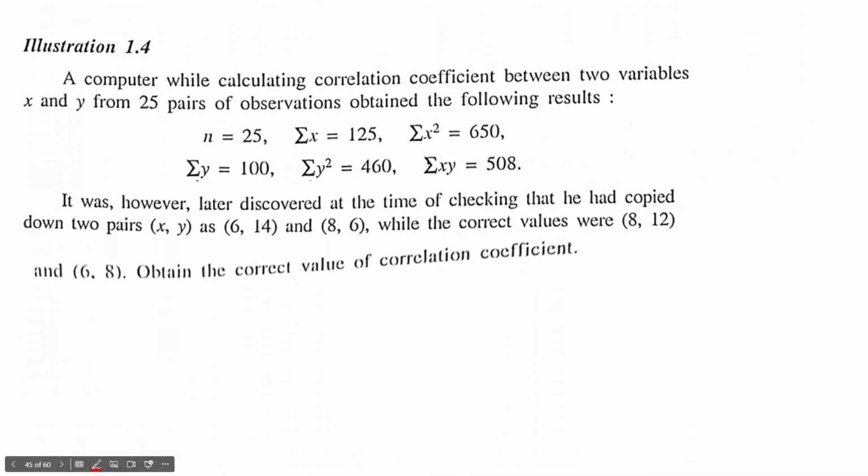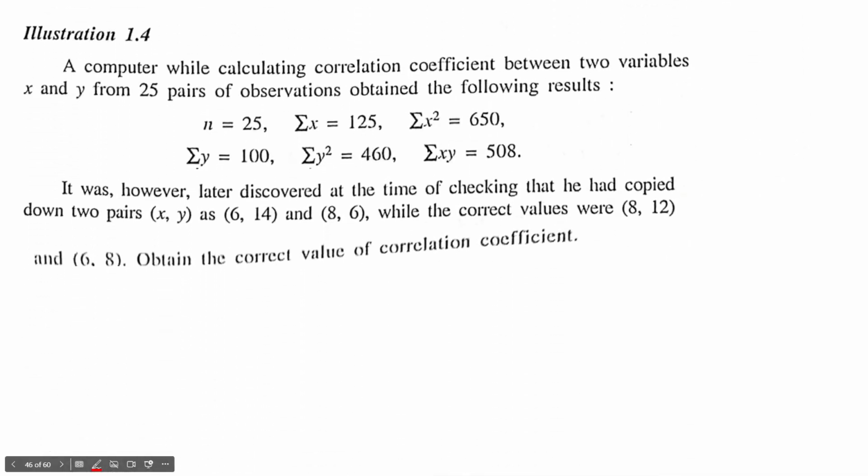Okay, so now I will discuss the other question also. The next question is: a computer, while calculating the correlation coefficient between two variables x and y from 25 pairs of observations, so n here is 25, it is already written also, obtained the following results.